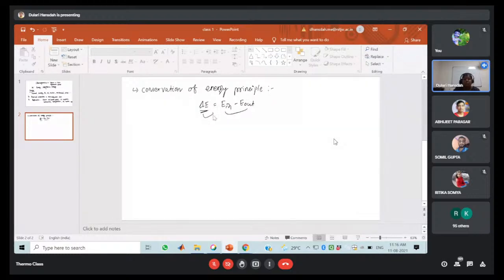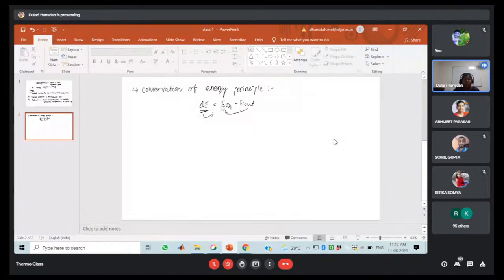The energy entering and leaving the system will be equalized, and that is conserved. So this is the conservation of energy principle, which we apply in many problems to solve our practical issues.